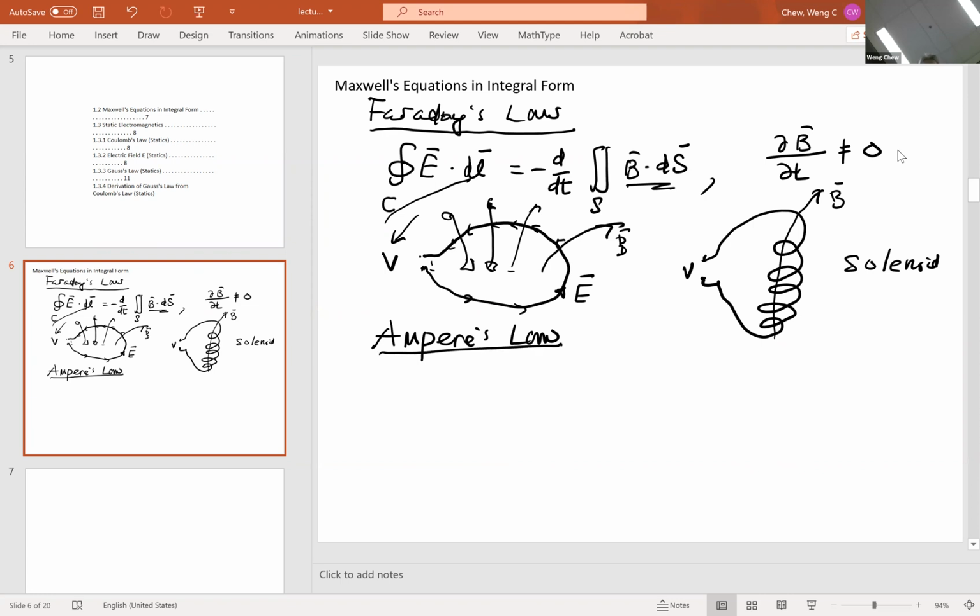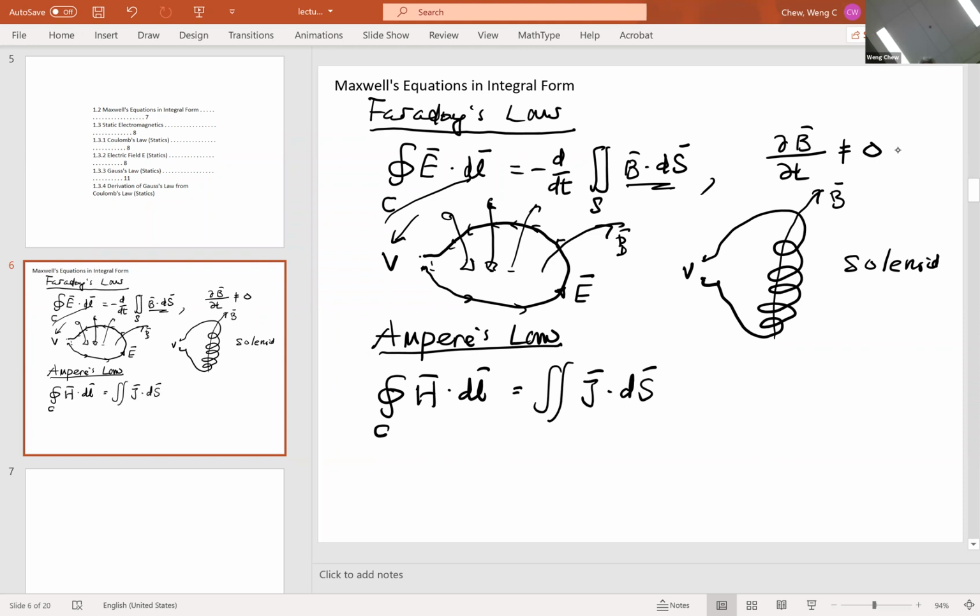This law is very similar in appearance to Faraday's law, except that on the left-hand side, you will have the magnetic field integrating around a contour C. And that integral on the left-hand side is equal to the integration of the current.